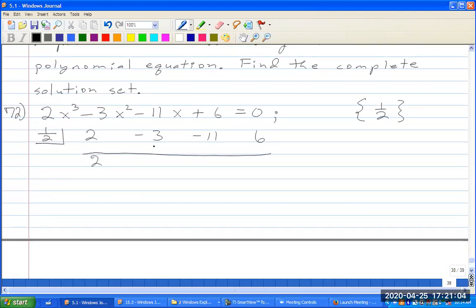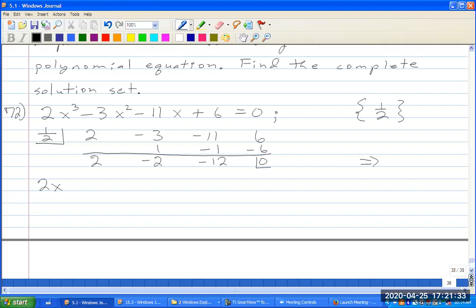Times a half is 1. Minus 3 is minus 2. Times a half is minus 1. Times minus 11 is minus 12. Times a half is minus 6. Plus 6 is 0.